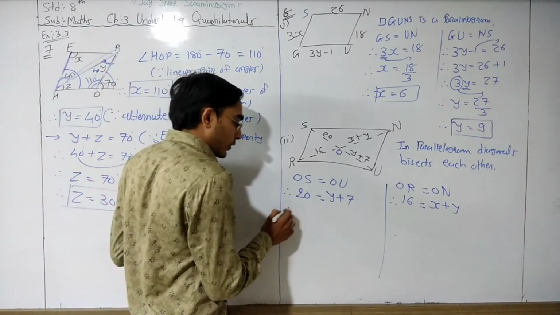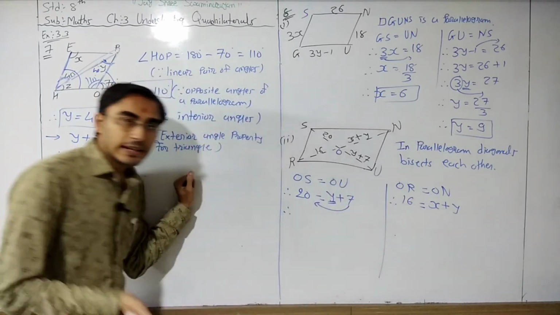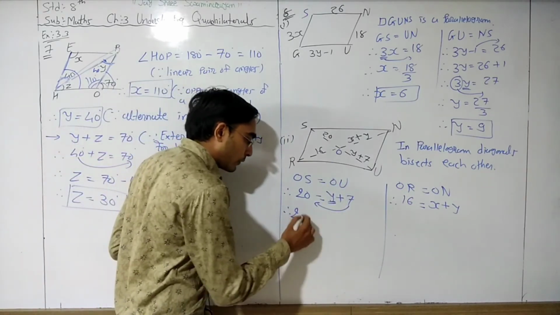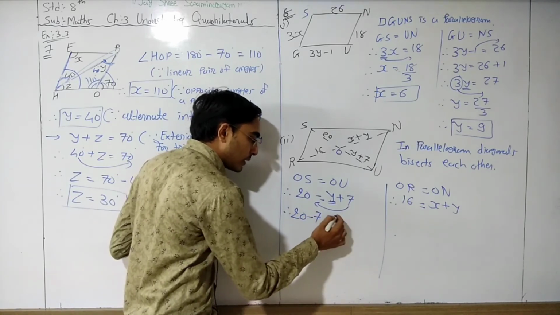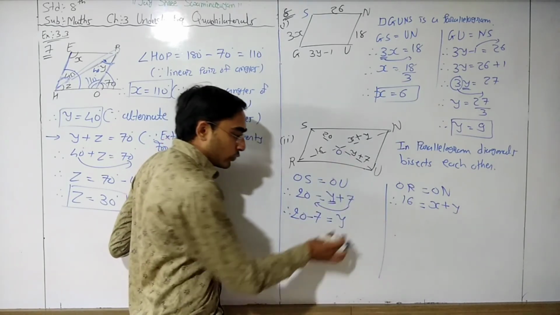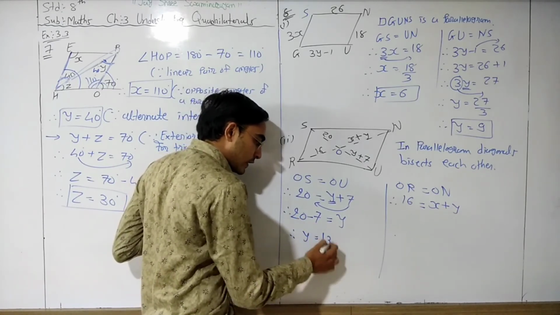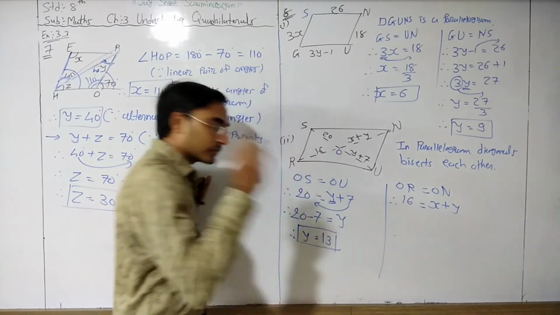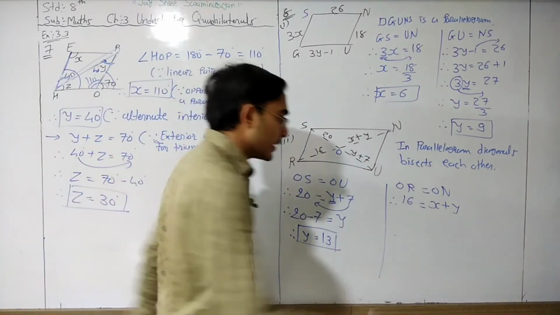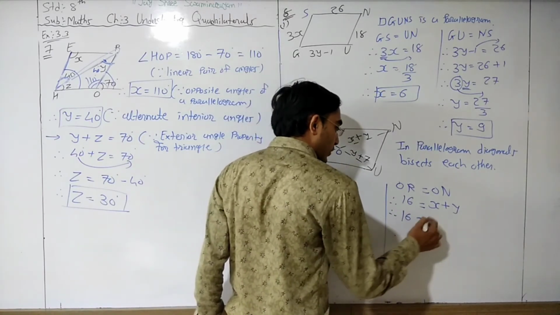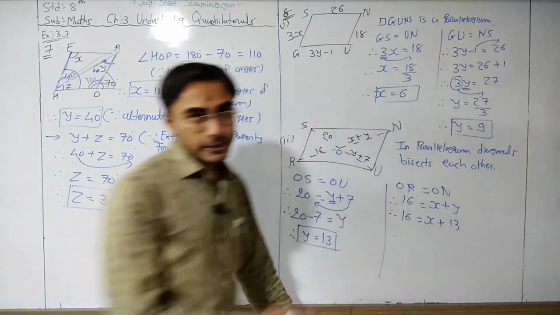Okay. So for finding the value of y, transfer this 7 to the left hand side. So 20, if we transfer this plus 7 to the left hand side, it becomes minus 7. So y is equal to 20 minus 7, 13. Now put this value here. So 16 is equal to x plus, in place of y, write 13.